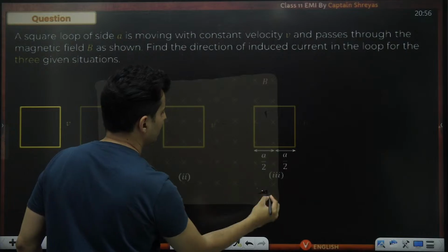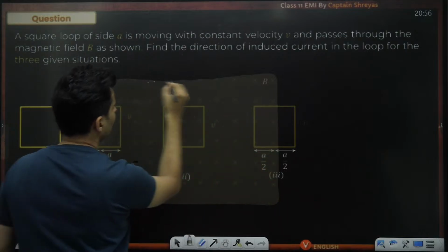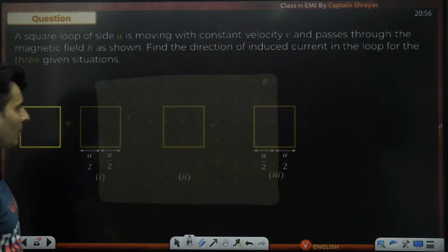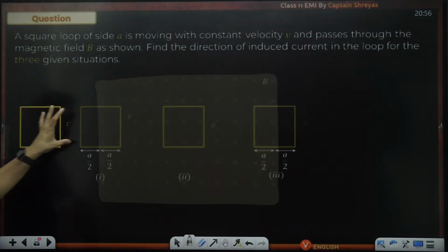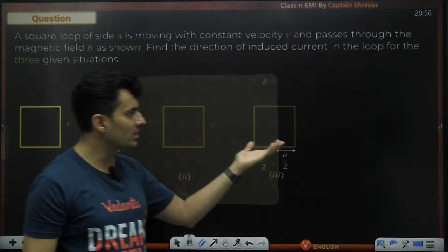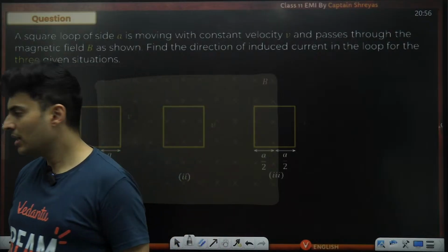This entire region has some kind of magnetic field. As you can see, it first is outside, partially inside, completely inside, partially outside, and then it completely comes out. Are you able to see that?